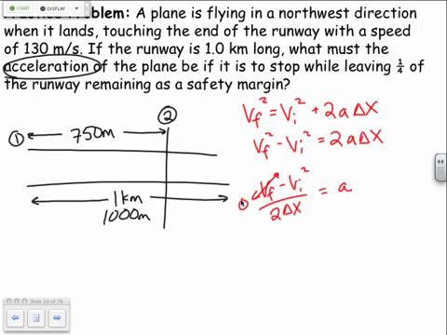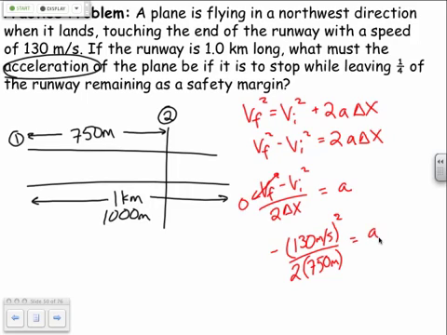Now we plug in our values. Vi, 130 meters per second, quantity squared, negative, divided by 2, and our change in position, 750. Our change in position is from where we started to where we finished, 750 meters.